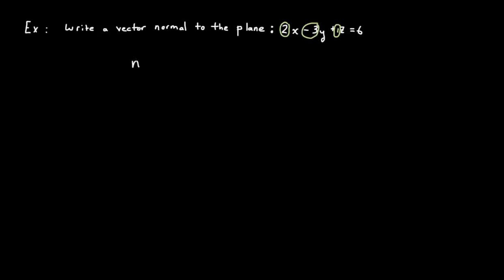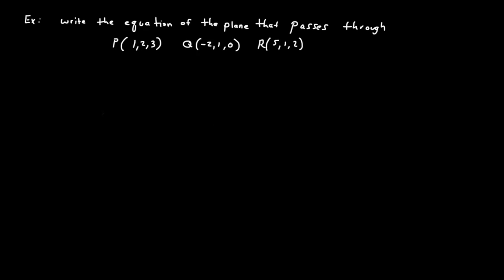So the solution is that the normal vector has the components 2, -3, 1. Keep in mind there are infinitely many normal vectors. Any scalar multiple of that vector would be a solution, but all they wanted was a normal vector.